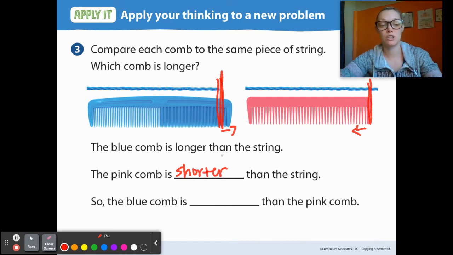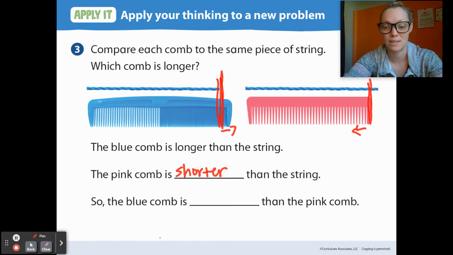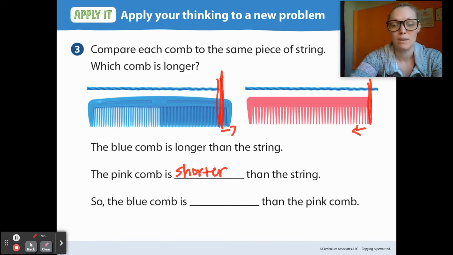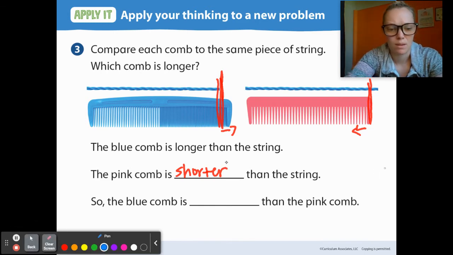Now I like to draw a picture to help myself. I'm going to draw my string first. Here's my string. I'm just going to make my string red, and I'm going to make it look a little more like a string, okay?